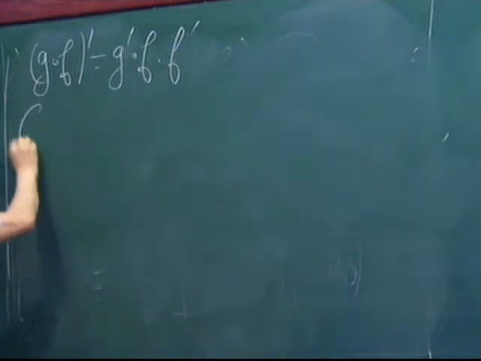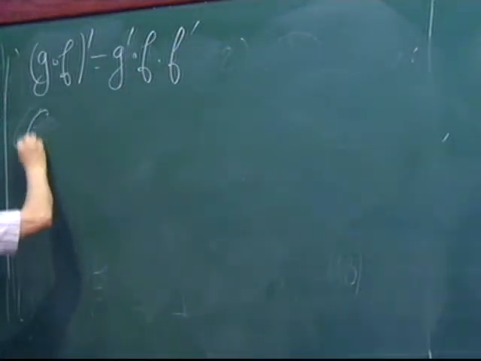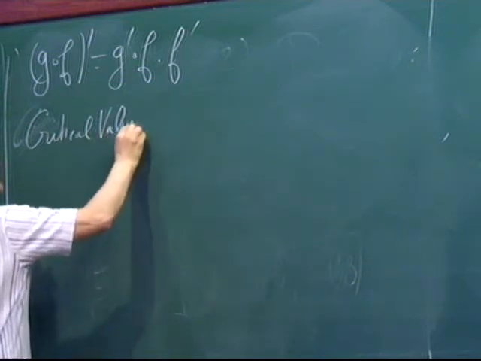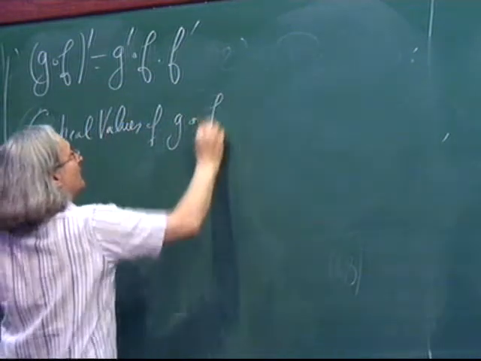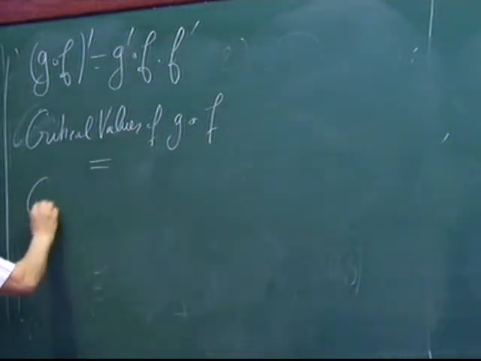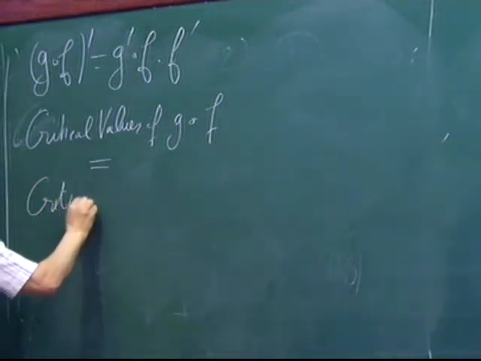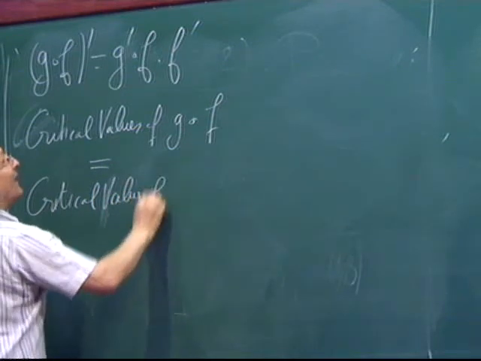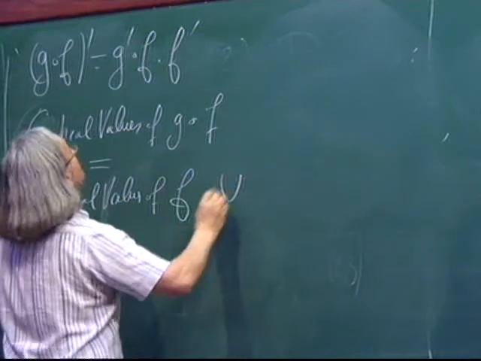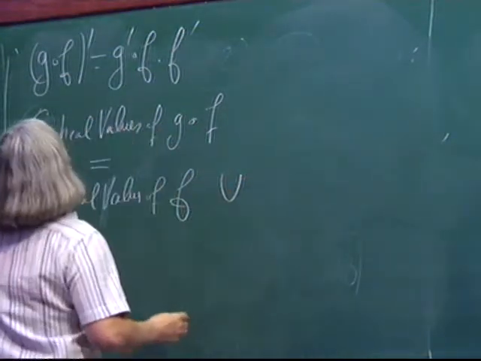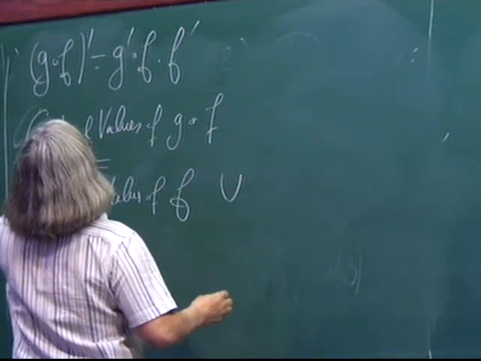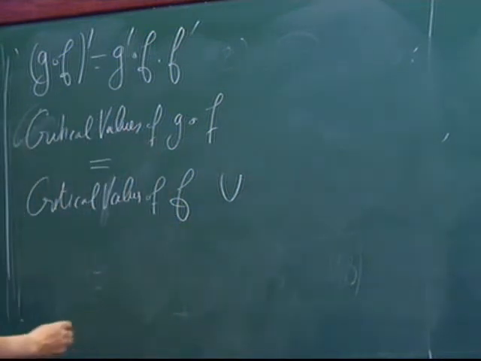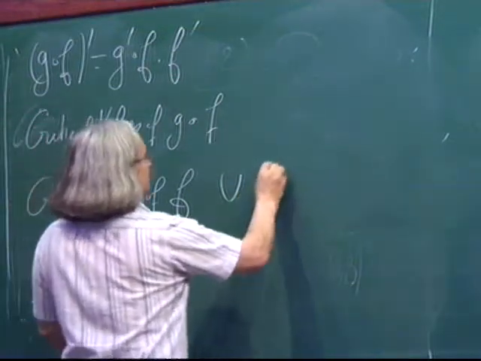So the critical values of G composed with F is just the union of the critical values of F union the critical values of G. Am I right? Yes.